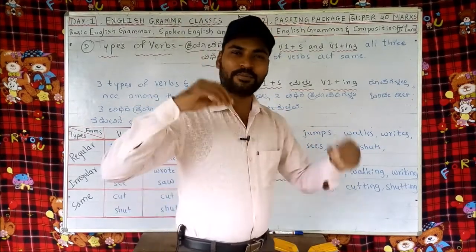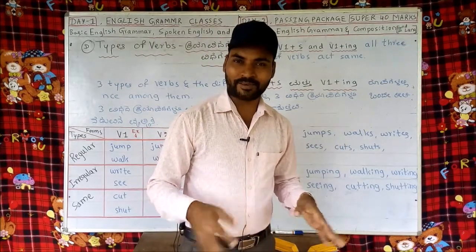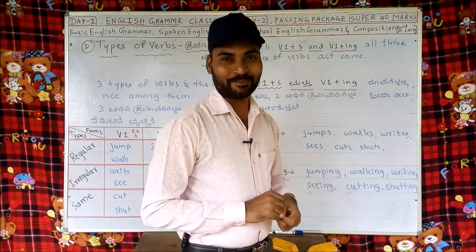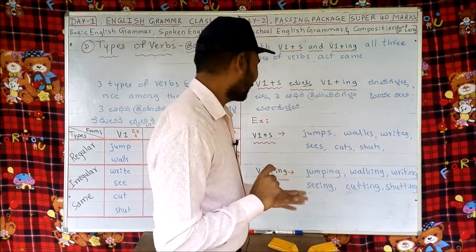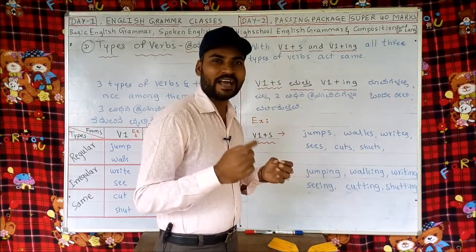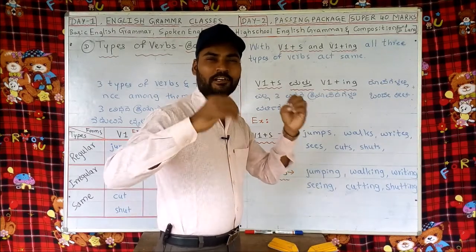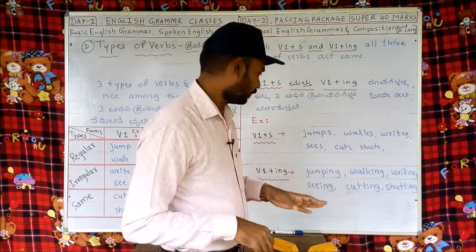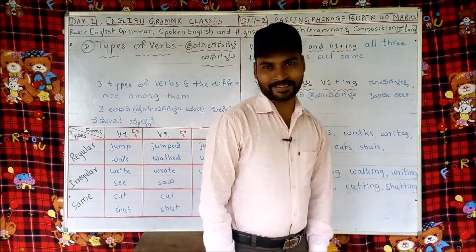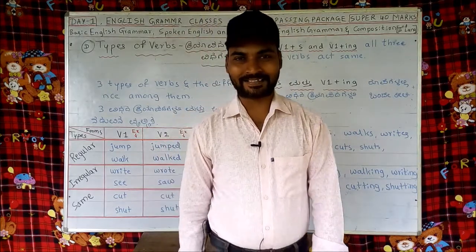Whatever may be the type of verb, regular, irregular or same, we just need to add one S to make it V1 plus S. The case is the same with V1 plus ing also. Here we just add the ing form. The verb may be regular, irregular or same: jumping, walking, writing, seeing, cutting, shutting, like that.